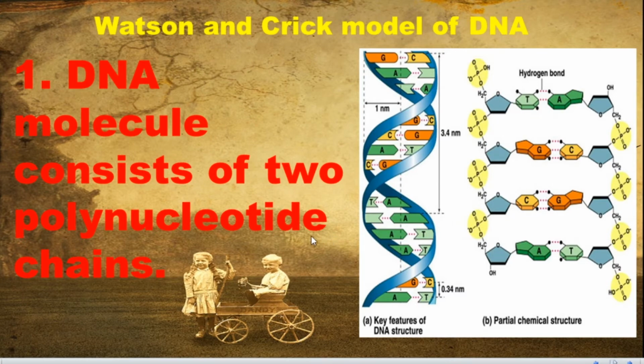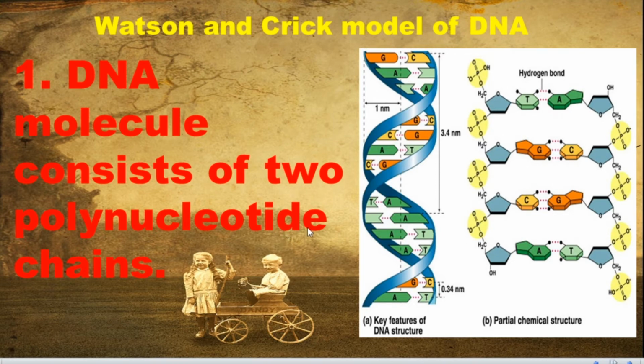While writing, you have to be more careful because it's very important. If you write polynucleoside chain, it's totally different. If you write it like this, what will happen? You have nitrogenous bases and sugar, but you lose the phosphate group.